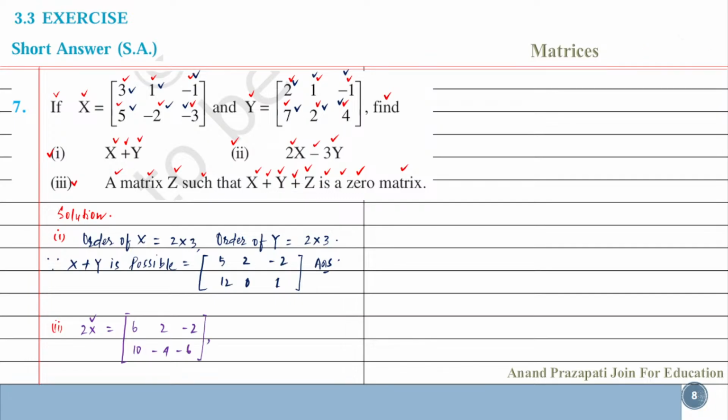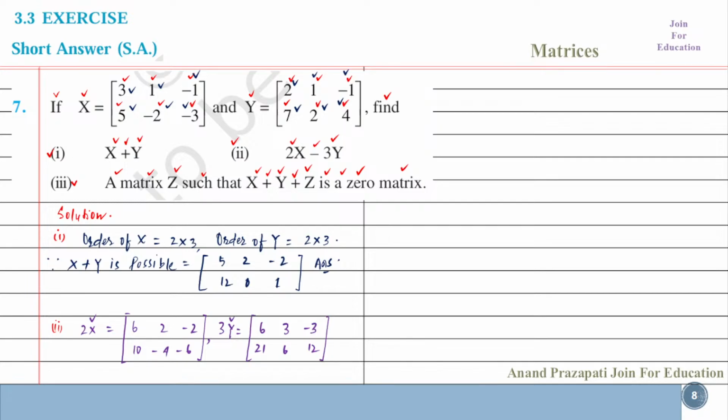And 3Y equal to each element of Y multiplied by 3, then we get here 6, 3, -3, 21, 6, and 12.